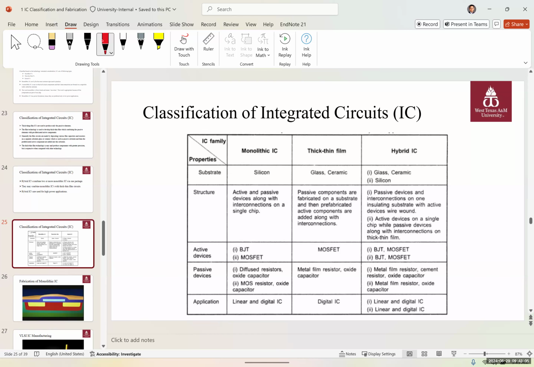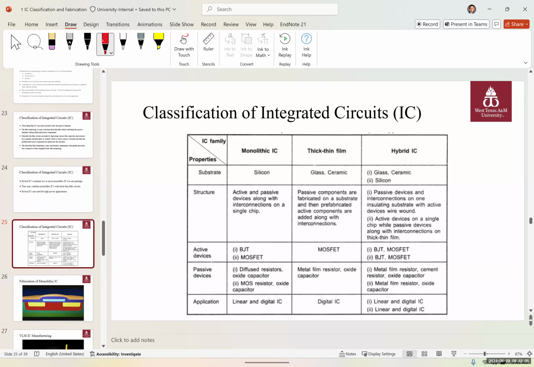The structure is active and passive device analogs with interconnections on a single chip: BJTs, which are bipolar junction transistors, and MOSFETs, metal oxide field effect transistors. All the ICs that you see around you, digital and analog, are mainly made out of monolithic ICs.